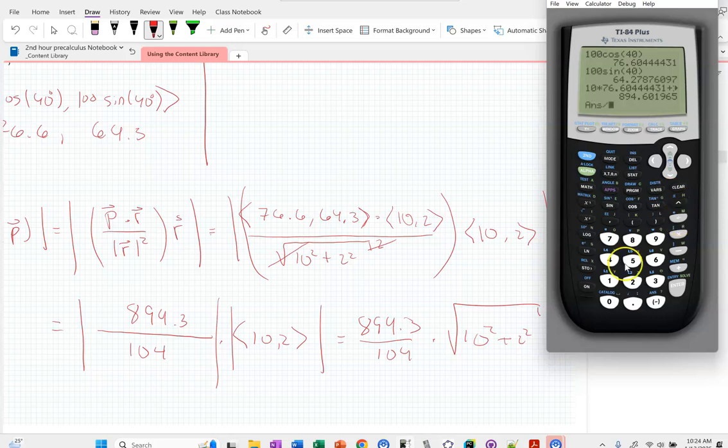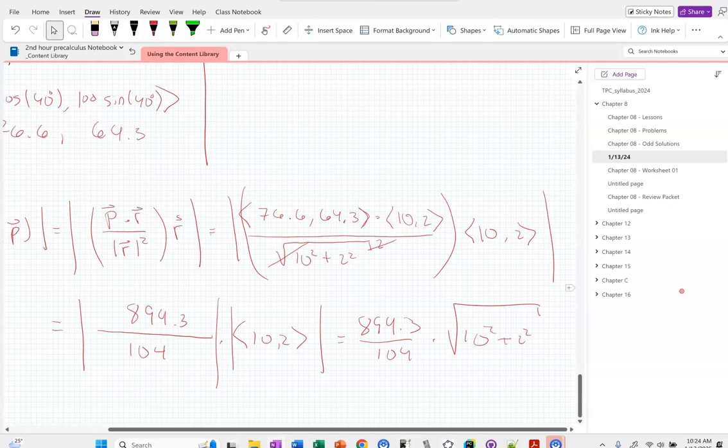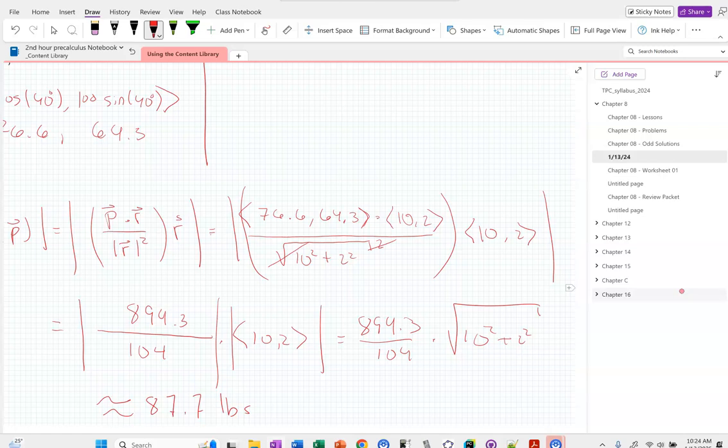I'm going to take this over 104 and multiply it by the square root of 104. And I'm left with 87.7 pounds.